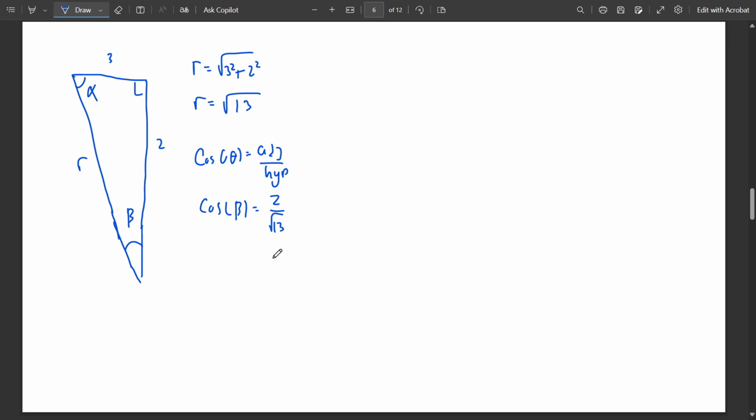So again, we use the undo cosine, which is cosine inverse of 2 over square root of 13. Let's use your calculator: cosine inverse of 2 over square root of 13. Sorry, 13.